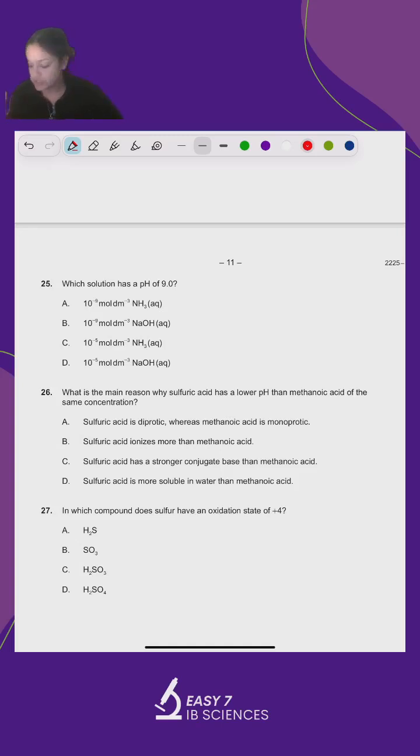Okay. Which solution has a pH of 9? So we have A, we have B, we have D as well. Okay. So I can reveal the correct answer is D. The way that you can work this out is by calculating pH. This is chemistry, by the way, and it's super duper easy.